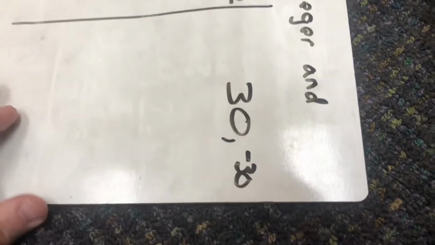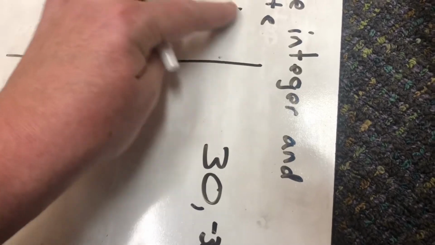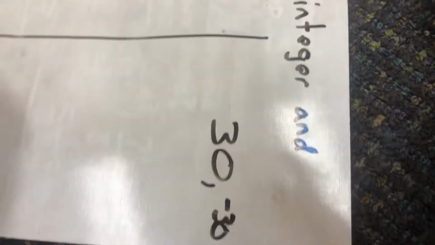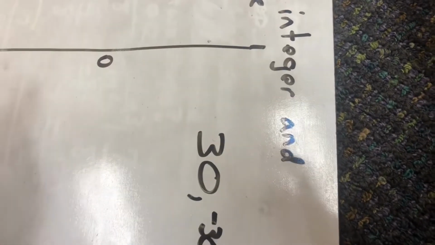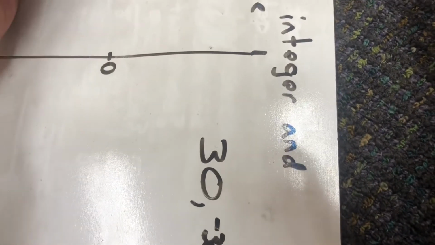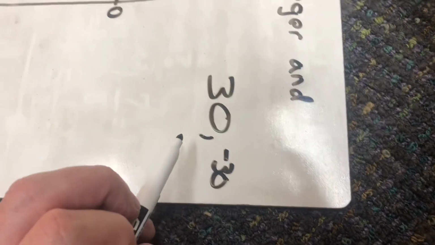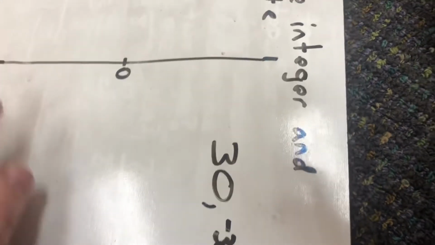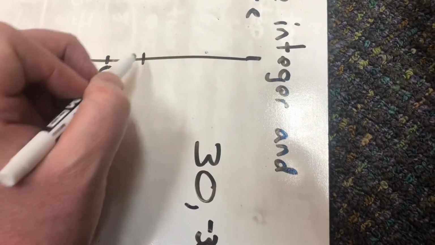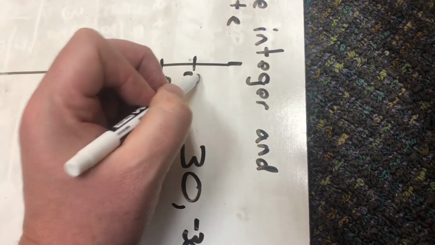Now, this next one is 30 and -30. I'm going to erase this and use this line. I'm going to put 0 in the middle. We can always put a line for 0. Now this is 30, so I can do a variety of different things. I think I'm going to do intervals of 10. I'm going to space them out a little bit: 10, 20, 30.